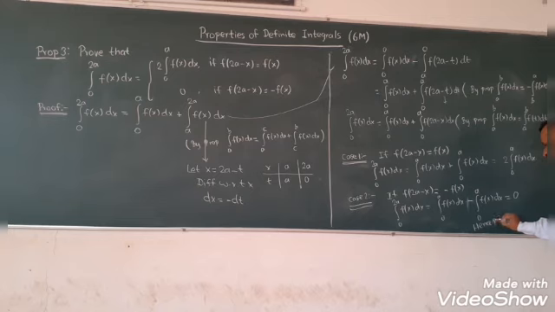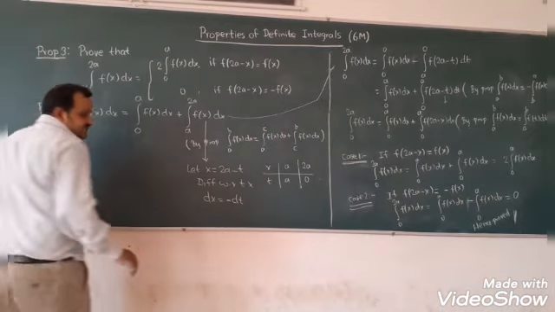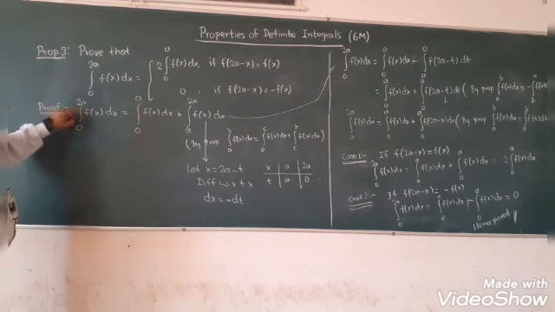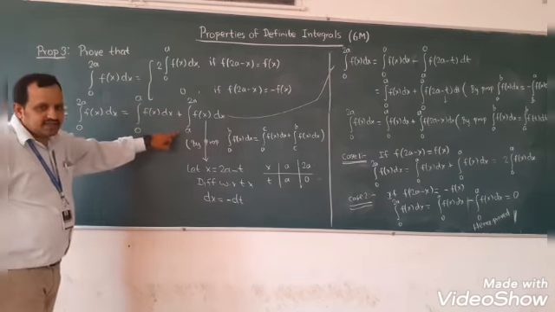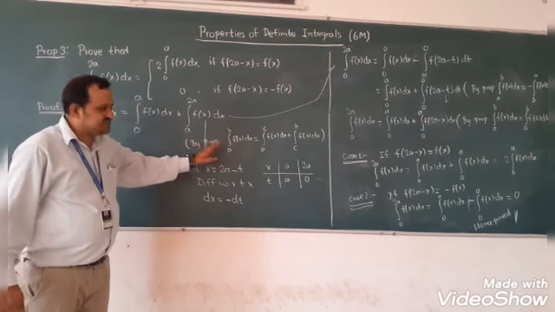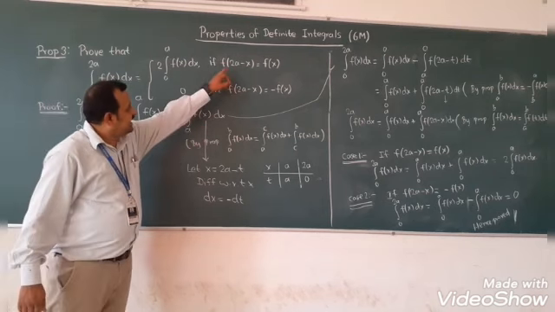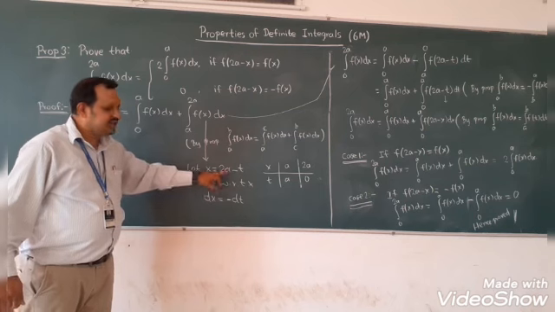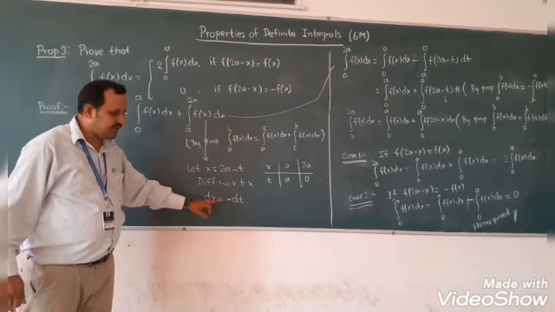So last two properties are somewhat lengthy, but again very simple. So see the proof once again. So 0 to 2a f of x dx we can write as 0 to a plus a to 2a by using this property. So information is more here. So let 2a minus x equal to t. So calculate x. So let x equal to 2a minus t. Differentiate, you will get dx equal to minus dt.